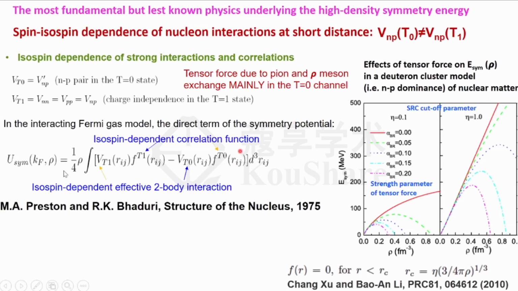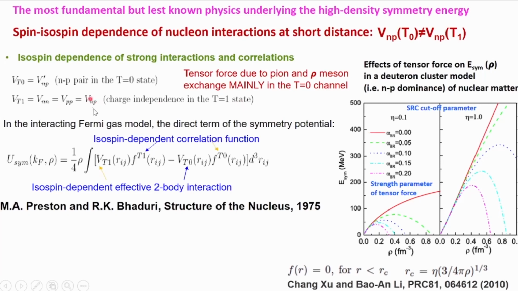So you see here, the symmetry potential, the so-called isovector potential, is a direct reflection of the isospin dependence of the strong interaction and the corresponding correlation. Now, the interaction between two nucleons in the isotriplet channel has the same strength for NN, PP, and NP interaction due to the charge independence in the isotriplet channel.